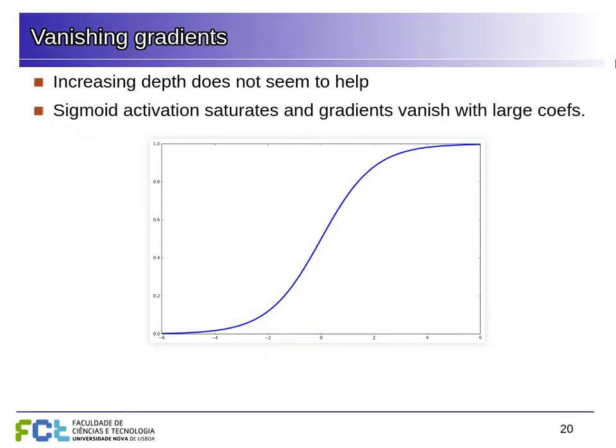And the reason for this is that this kind of activation saturates at the extreme. So when the neuron is firing, if it's firing more intensely, then the gradient tends to 0.